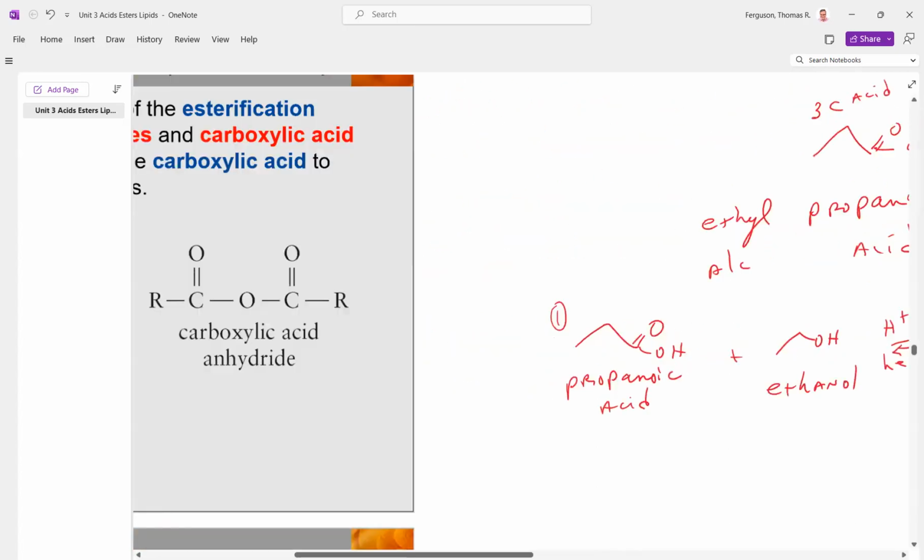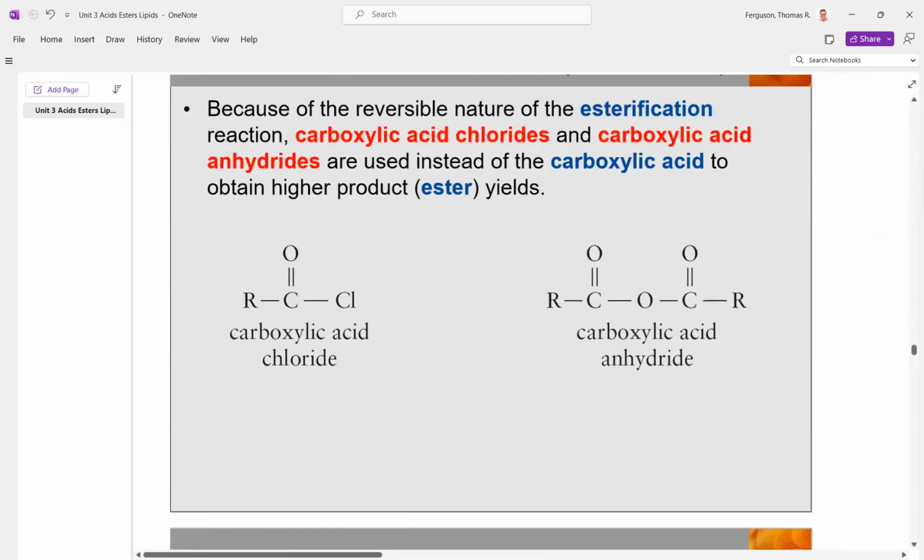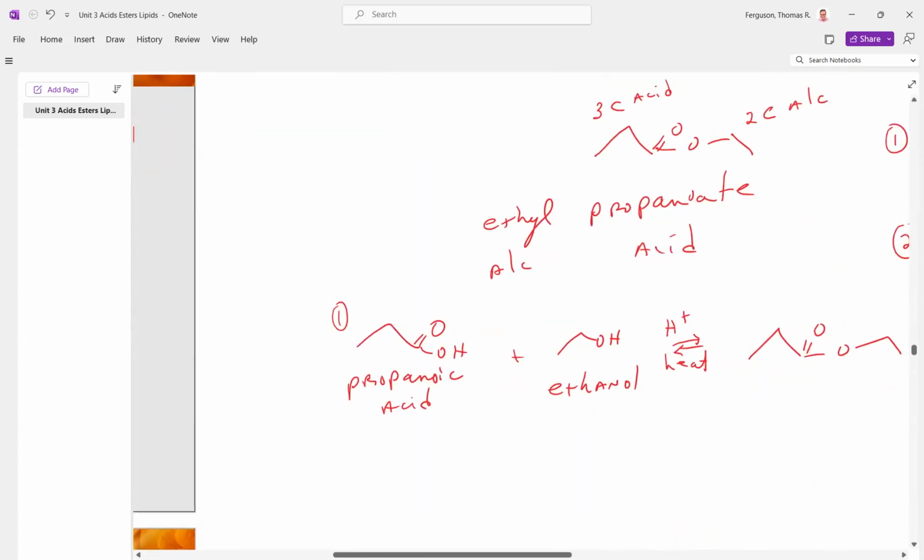Another way is to use the acid chloride. Same alcohol.